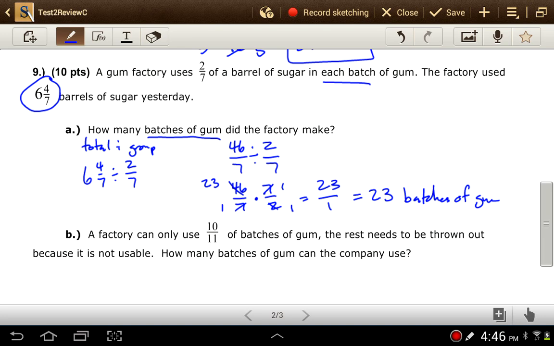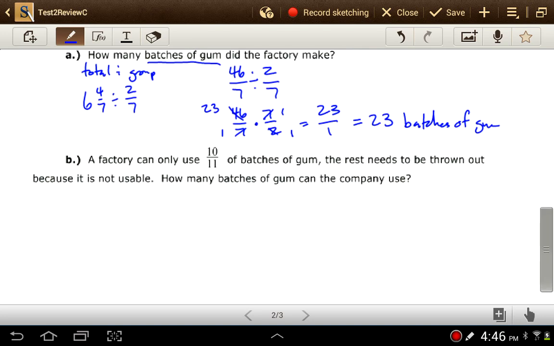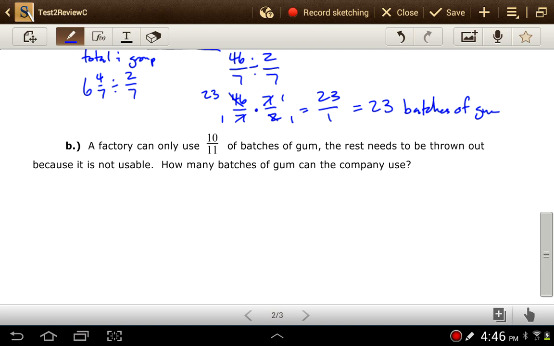Okay, let's look at part B now. In part B, a factory can only use 10/11 of a batch of gum. So what I'm going to do then is, I can only use that amount. 10/11 of is multiplication, the batches of gum. Our answer is 10/11 times 23, or 23 over 1. I can't cross cancel, so that's going to be 230 over 11.